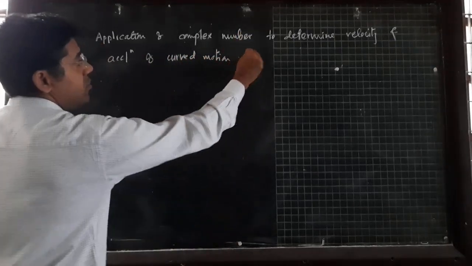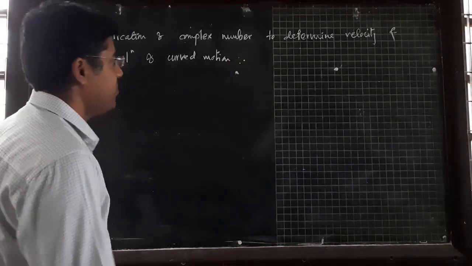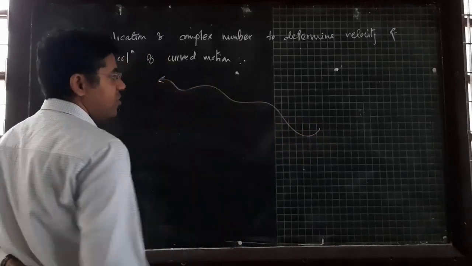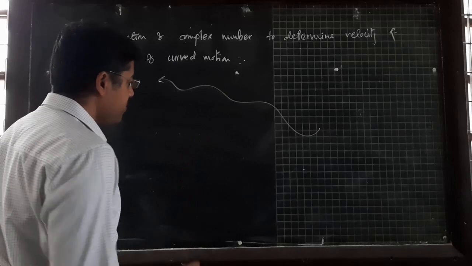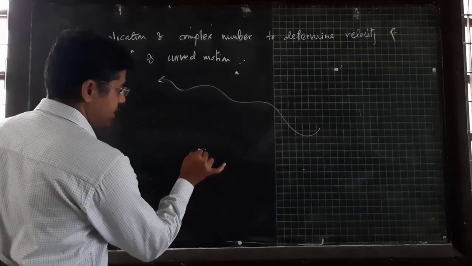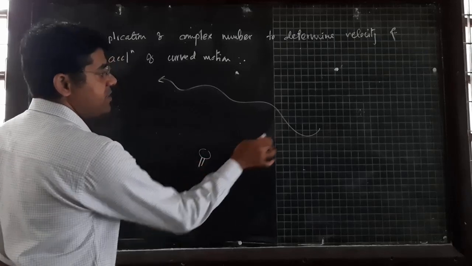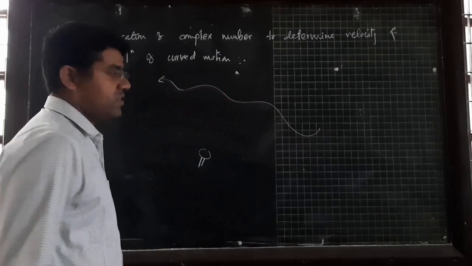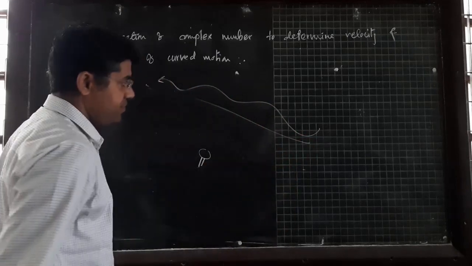If you have any object which is moving in a curved path, what is an example of this? Suppose we have one satellite over here, and an object is moving along this particular curve, from this direction to here.